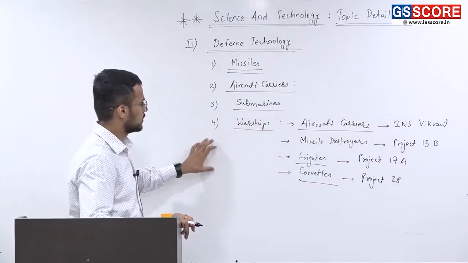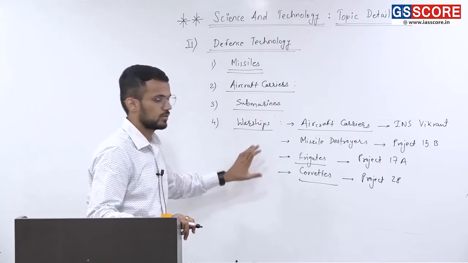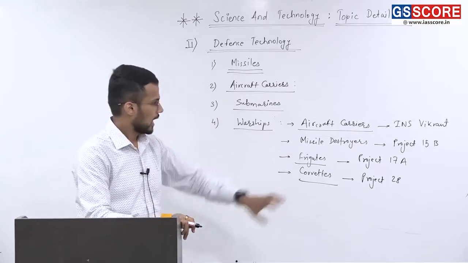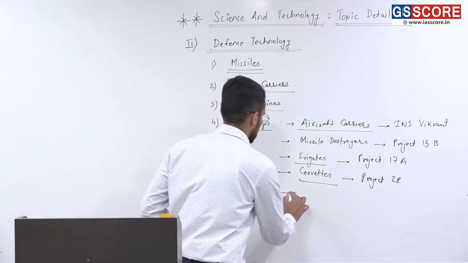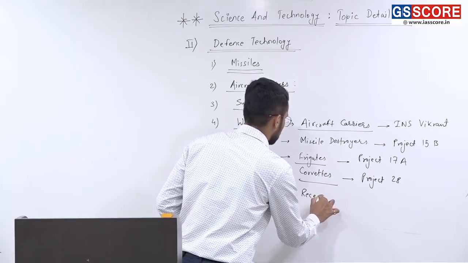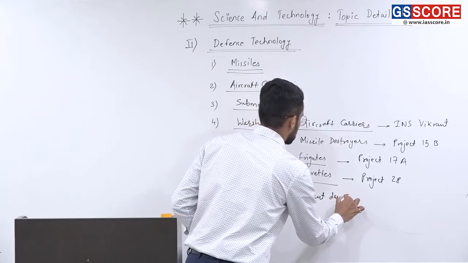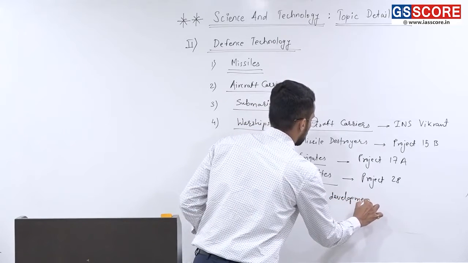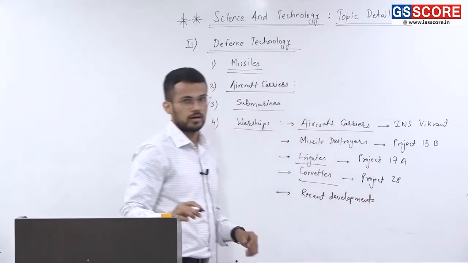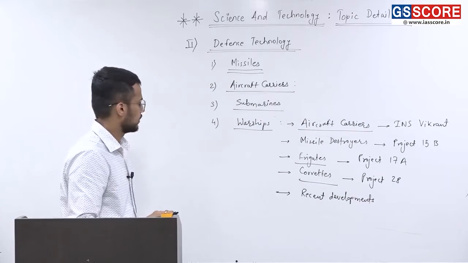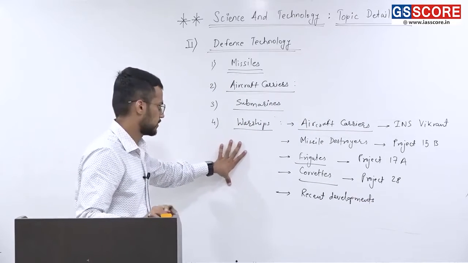Fine. So these are certain important warships that we must be aware of. And apart from this, if there is any recent development related to warships, then that becomes important from our exams perspective. Right? So that is about warships.